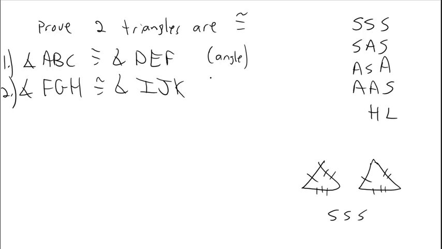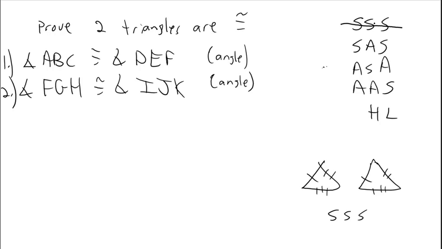The second statement is another angle that is congruent. So without having any context at all, we just know we're trying to prove two triangles are congruent. I can tell you right away that what we're looking for has to be some other side. It's got to be a side congruent to another side, because it cannot be this right here.